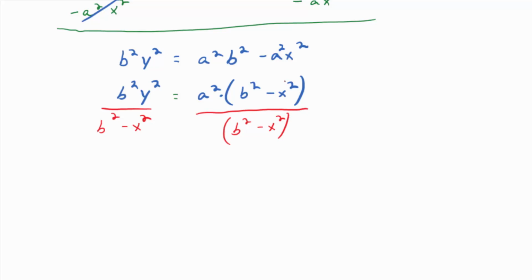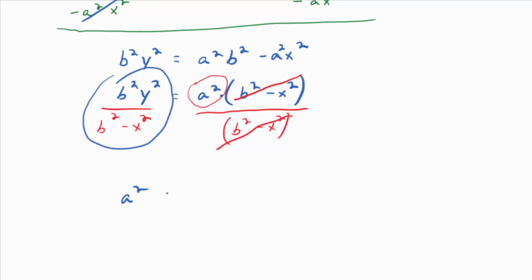So as an entire quantity, the b squared minus x squared cancels on that right side. Then you can see a squared's by itself, but it's probably best to turn it around. So I'm going to write a squared on the left side, and then on the right side, b squared y squared over b squared minus x squared. That's it. You're just asked to solve for a squared, so you're done.